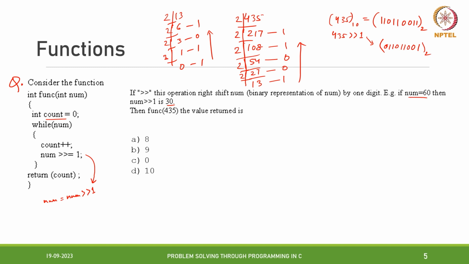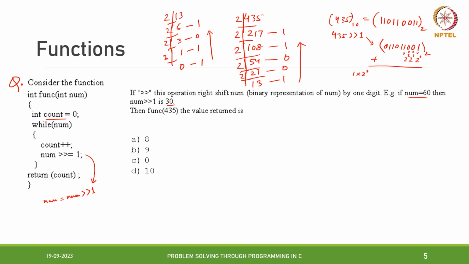If you calculate this back to decimal, how do you do that? You multiply 2 to the power 0, 2 to the power 1, 2 to the power 2, and so on, with each of the corresponding values, and then you add them up. So I'll write this down.